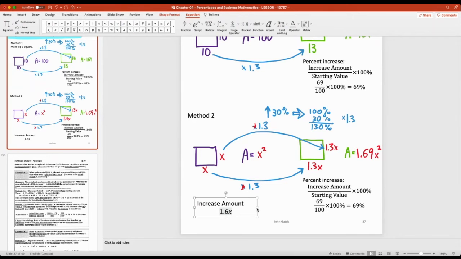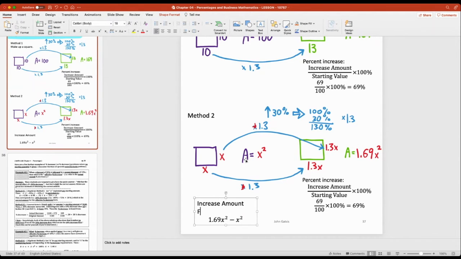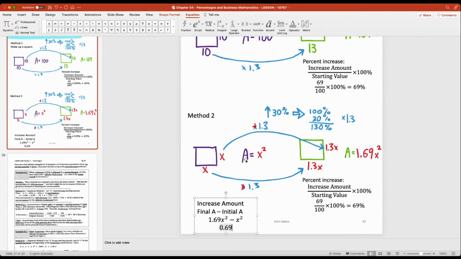So it's 1.69 x squared minus x squared, because it's the final area minus the initial area. And then if you subtract those two things, you get 0.69 x squared. Over here, the increase amount is 0.69 x squared. The original amount is x squared.